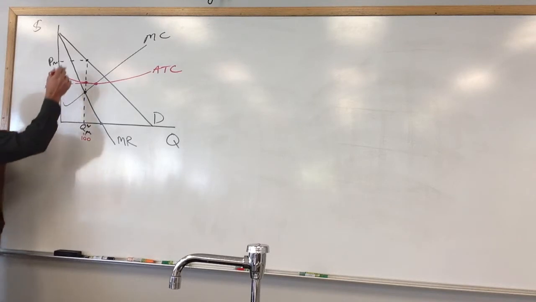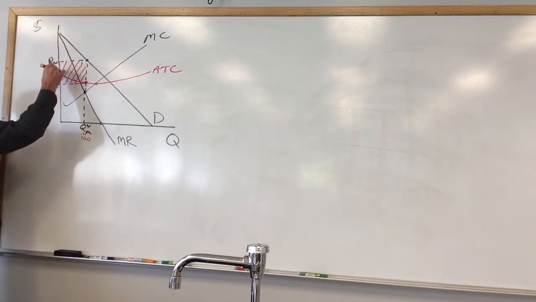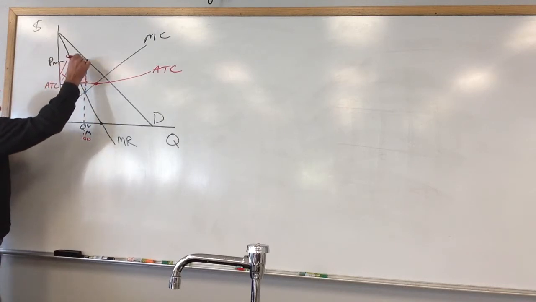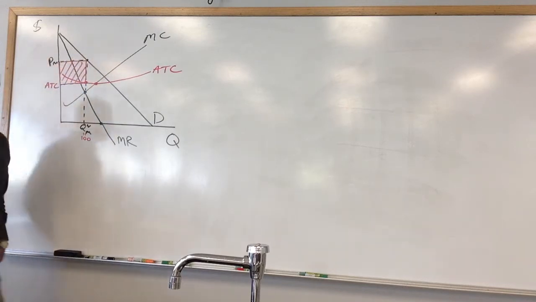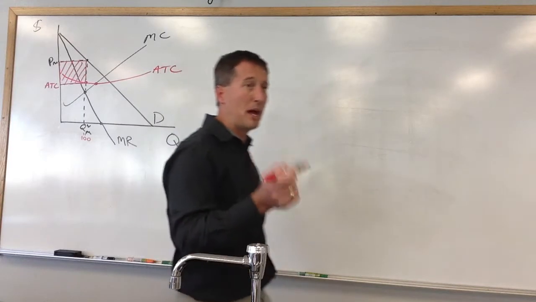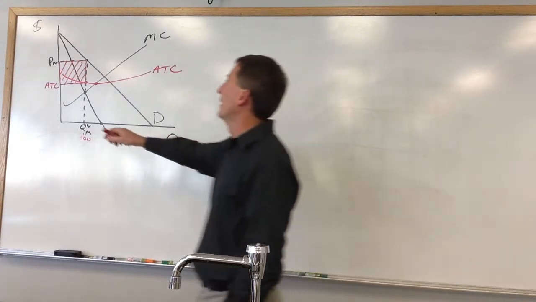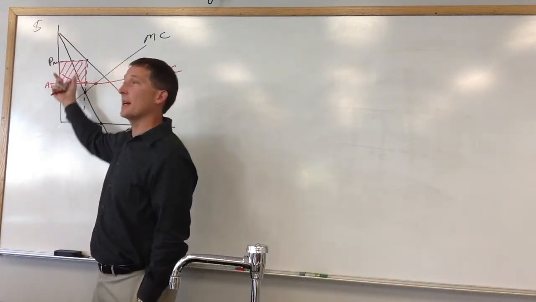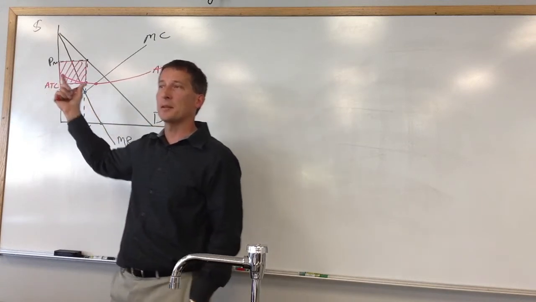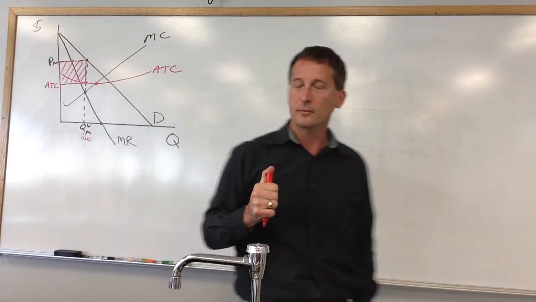And that leaves us a nice little chunk of profit, right? So this red box represents the economic profit because its dimensions are the average profit per unit times the number of units we're making. So that's how many bucks we're rolling in.